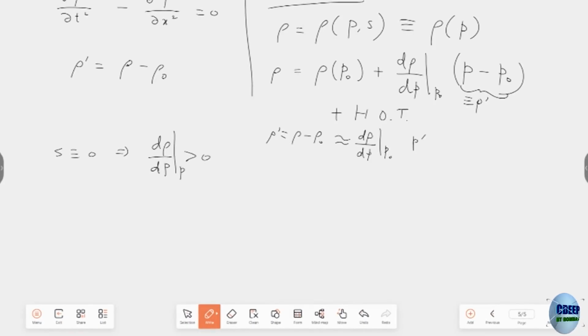At any base pressure, this is a positive quantity, and let's just define it as C0 square, where C0 is a real number. We're just making use of the fact that this quantity is positive to define C0 as the square root of that positive quantity.